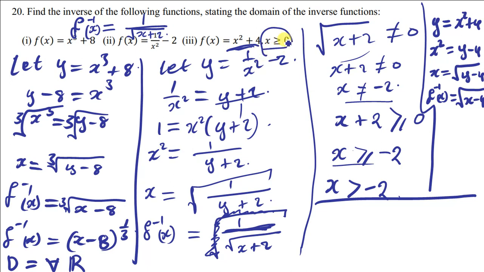So the smallest value of x should be 0. When you put 0 there, you get 4 as your output, which is just the range. So the values that you are going to get will always be greater than or equal to 4. That is the range of this function.